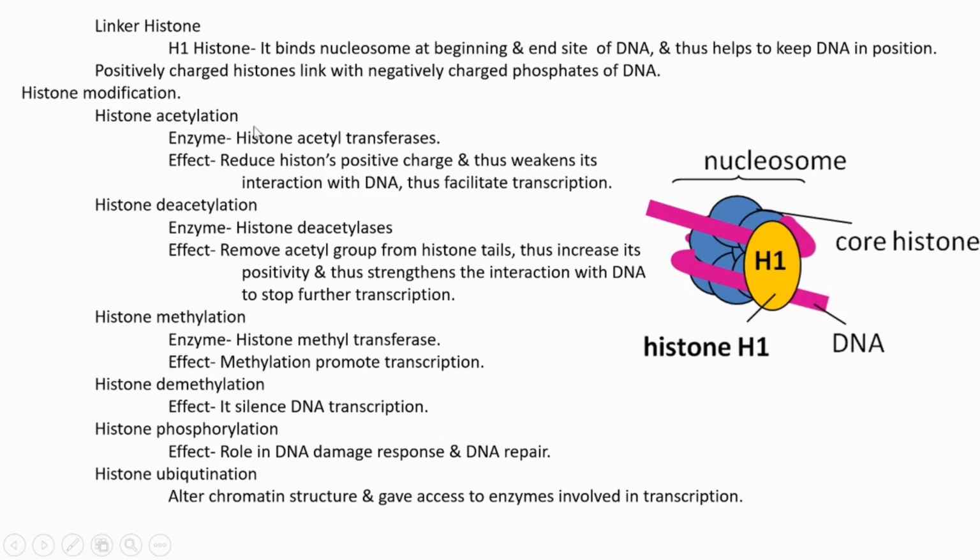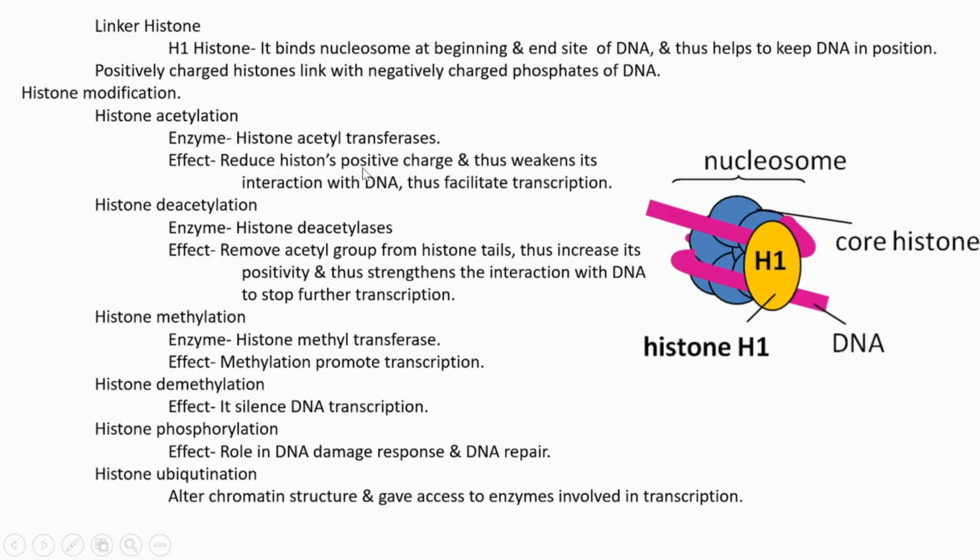Histone acetylation. If acetyl groups are added to some specific histone positions, what will happen? What is the significance? Which enzyme is doing that acetylation? Histone acetyltransferases are the enzymes doing that modification. What's the effect of adding an acetyl group to histone? It reduces the histone's positive charge.